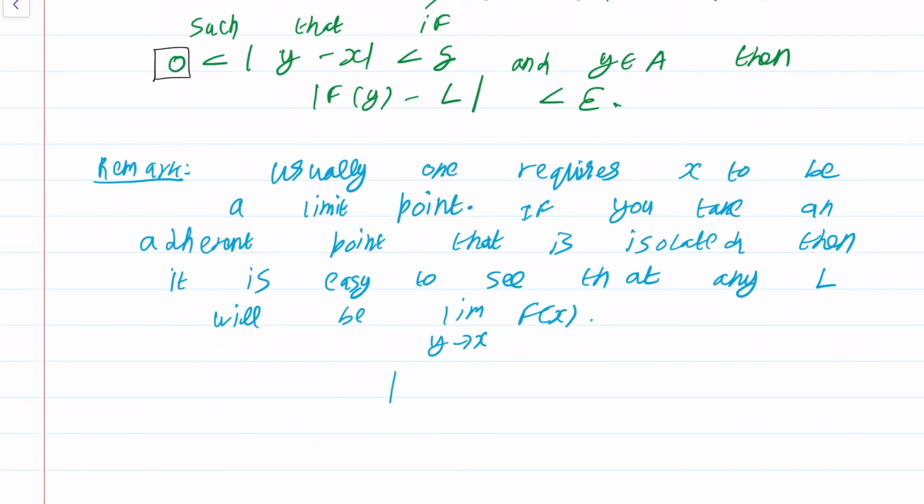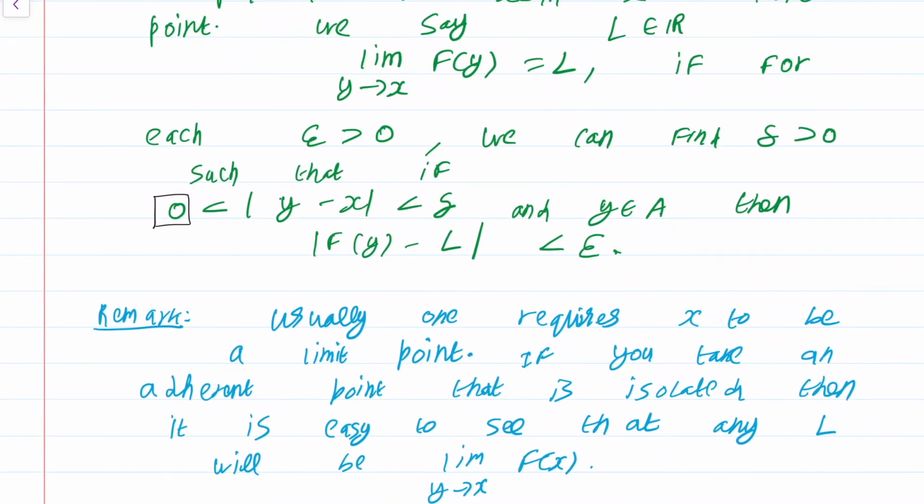If you take an isolated point of the set A, that means nearby there are no points of the set A. That is, there is some neighborhood of this point which is not an element of the set A. That means in this definition, when you say we can find delta greater than 0 such that if 0 less than mod y minus x less than delta and y in A, there is no such candidate point y in A. Therefore, this definition will be vacuously satisfied for any L. Okay, so we will also do the same.